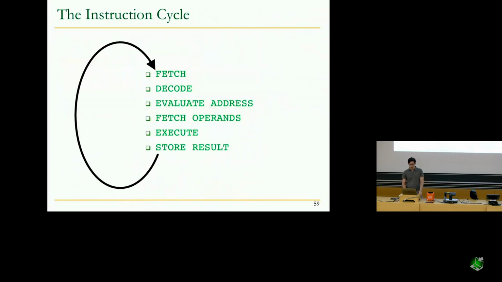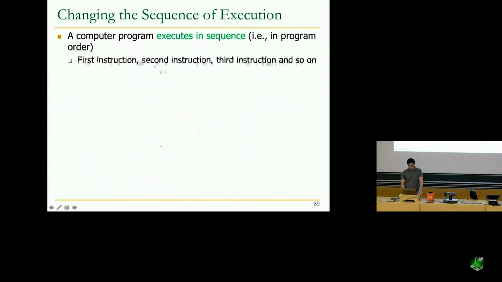Again, this is the instruction cycle, the 6 stages, and when we finish the last phase, we start from the beginning. And now let's take a look at how we can change the sequence of execution, because the only thing that we have considered until now is that every time an instruction is executed, the program counter is incremented by 1 in LC3, by 4 in MIPS, but this essentially means that the program counter goes to the next instruction in memory.